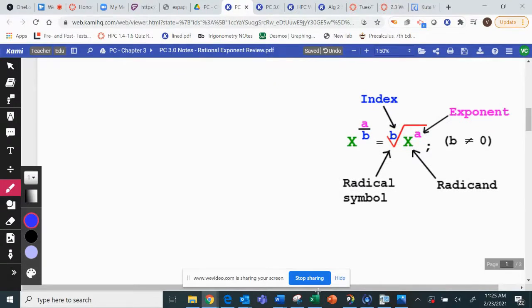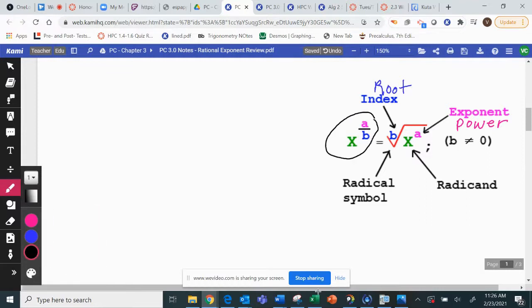The radical symbol is that orange symbol. The radicand is what is underneath the radical. We've got an exponent a, and I'm actually going to call that power. It is an exponent, but I'm going to call it power. And then the index we have listed as b, and I'm going to call that root.